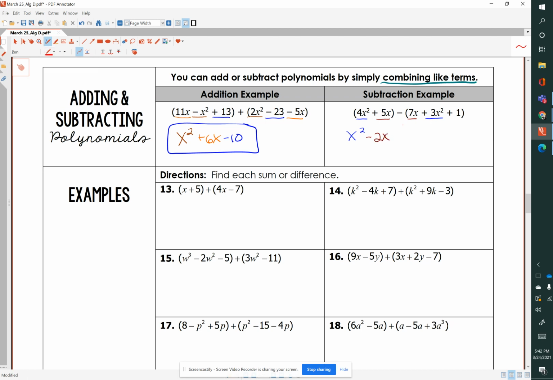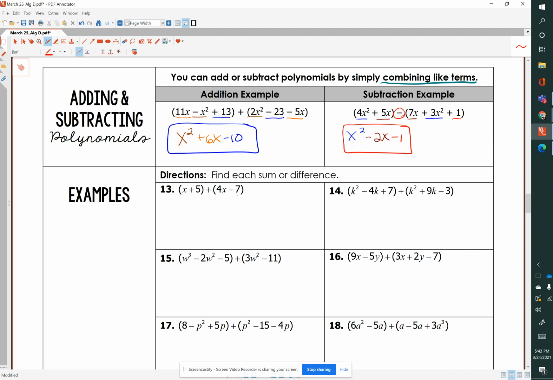And then all we have is this plus 1, but we're subtracting it, so it's minus 1. Okay, so let's move on to some of these. Number 13 through 24, and then we have a little more complicated ones at the end.